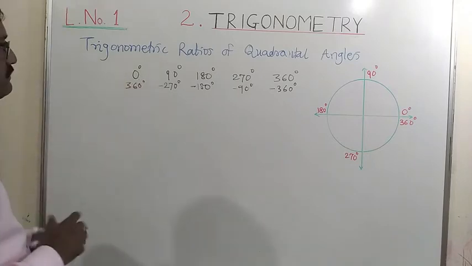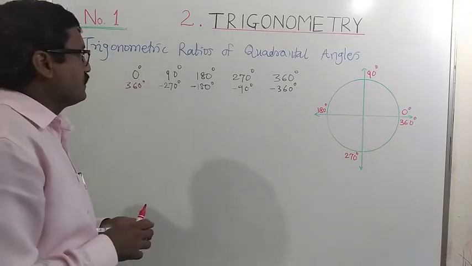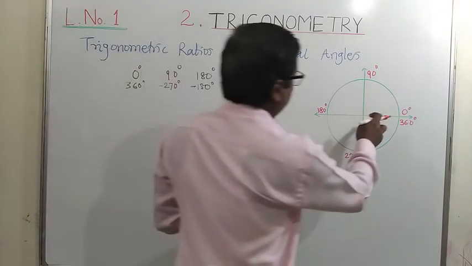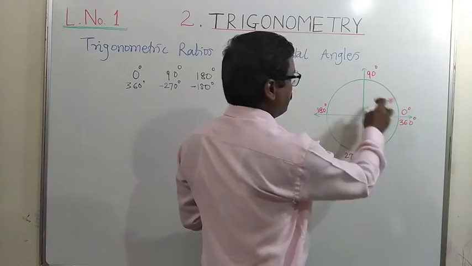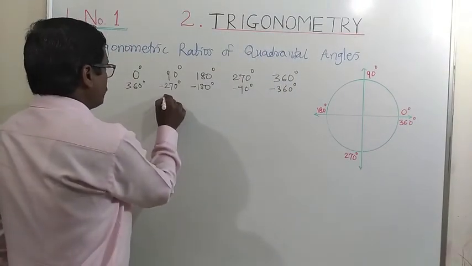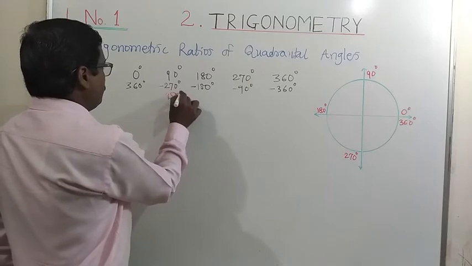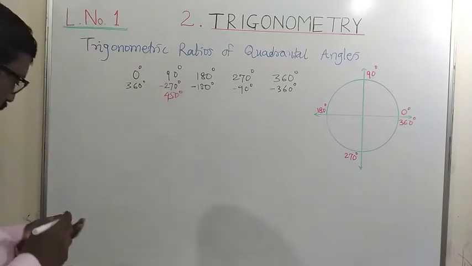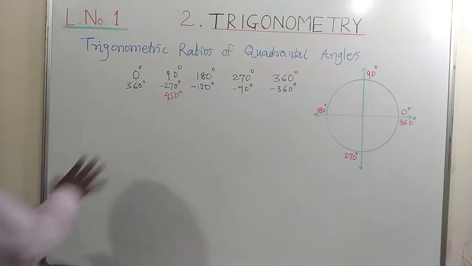So these are the particular quadrantal angles. Again, instead of plus 90, we can take 360 plus 90. That will be 450. So this 450 will be the same.